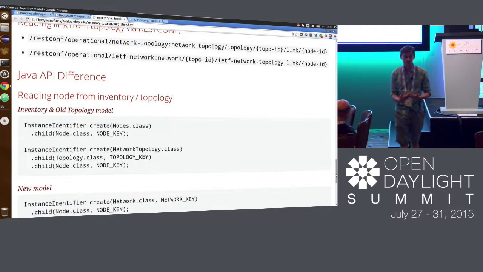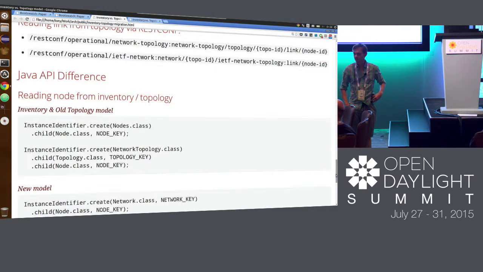I think it's also just a bigger question, because this came up in the last general controller migration discussion. A generalized solution. Yeah. I'm working mostly on the MD-SAL itself, so that means my code doesn't understand your data.